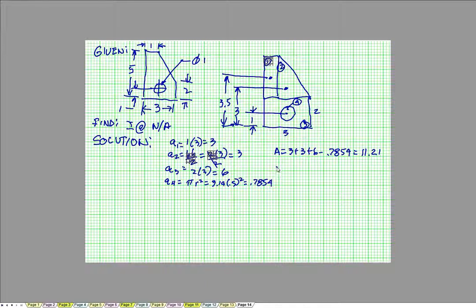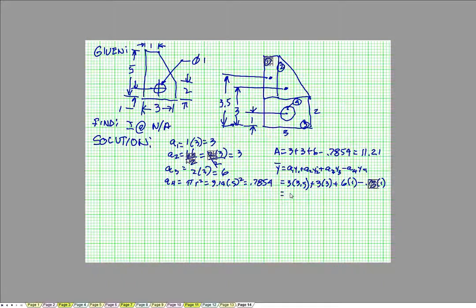Finding y bar. A1 y1 plus A2 y2 plus A3 y3 minus A4 y4. 3 times 3.5 plus 3 times 3 plus 6 times 1 minus 0.7854 times 1.